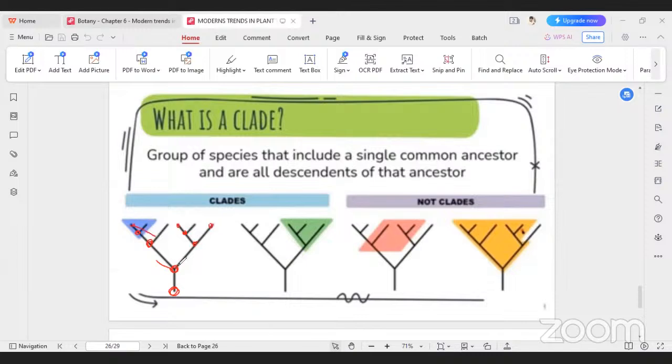This also has one ancestor, the same to here, one to here. You can see here different, here also different.